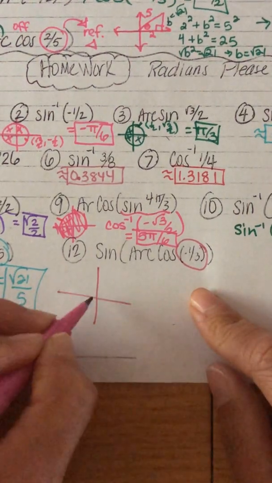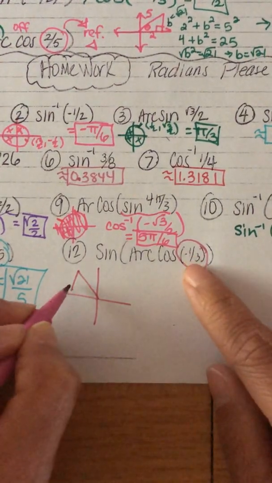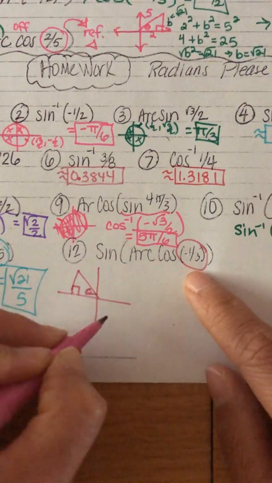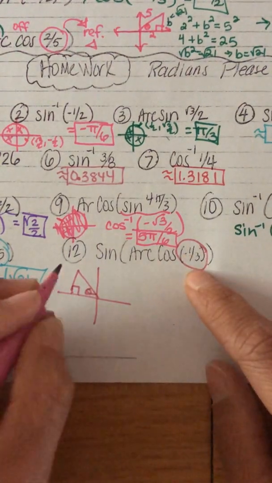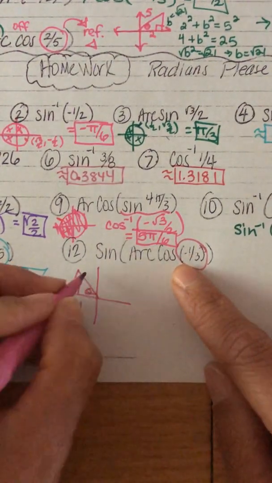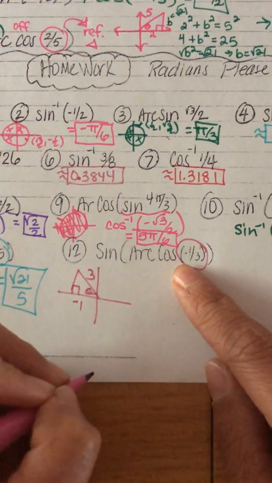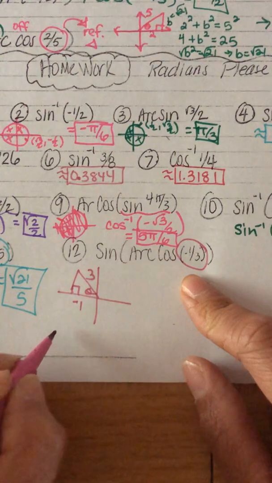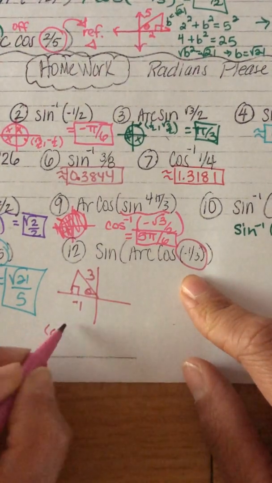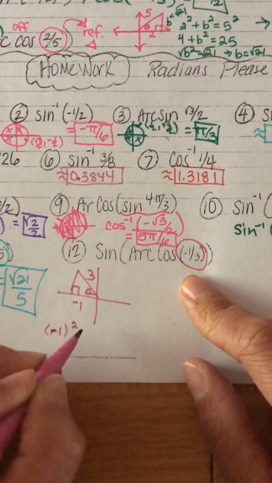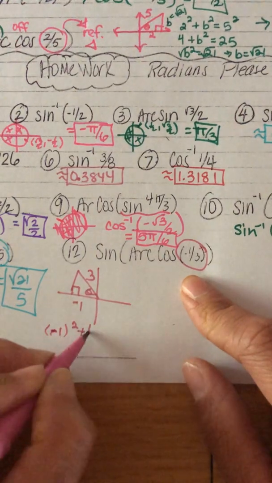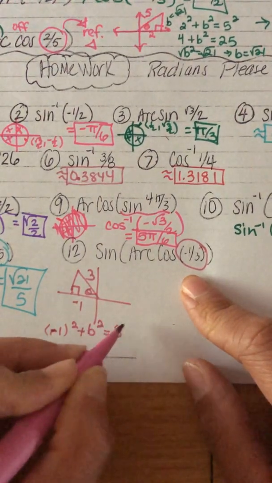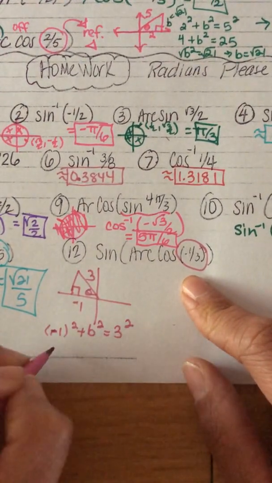It's in the second quadrant because cosine is negative. Cosine is adjacent over hypotenuse, so the adjacent side is -1, the hypotenuse is 3, and we need to find the vertical side. So -1 squared, that looks weird. -1 squared plus, we'll call it B, B squared equals 3 squared. -1 squared is 1.